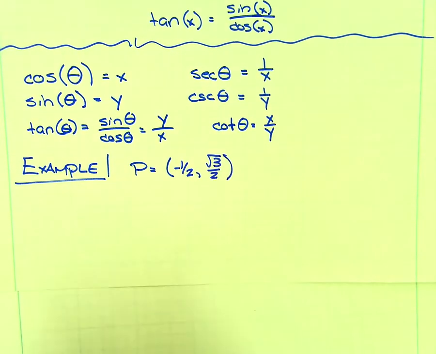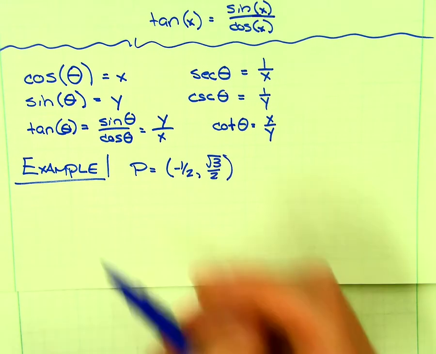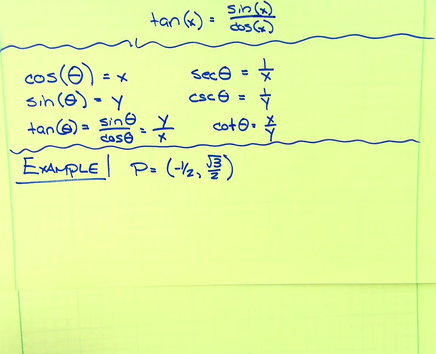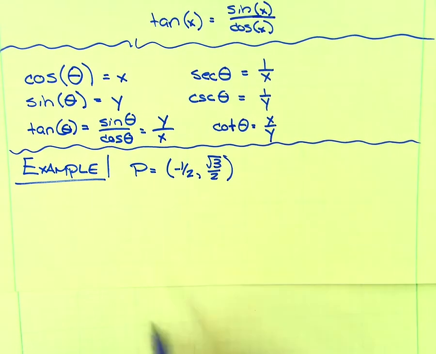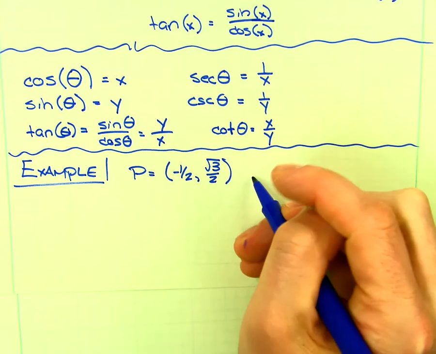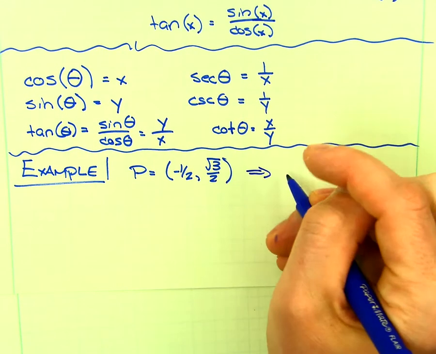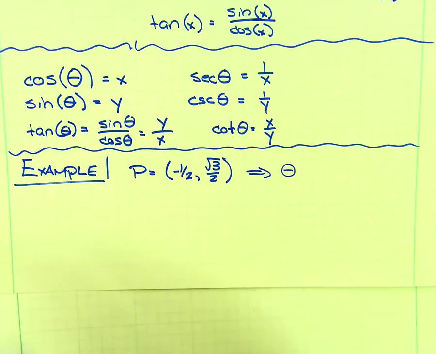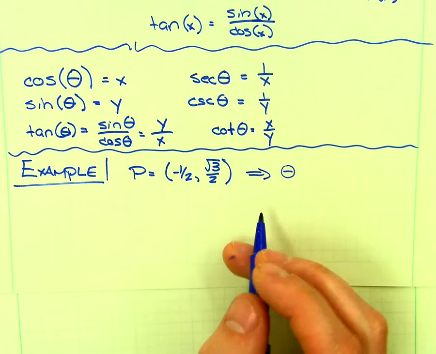Now these numbers might look familiar. They do lie on the unit circle. If you don't know that already, then just trust me that this point is on the unit circle. It corresponds to some angle theta.